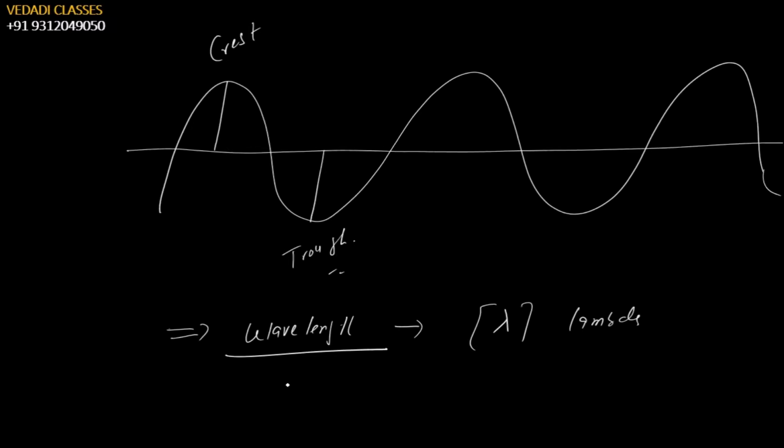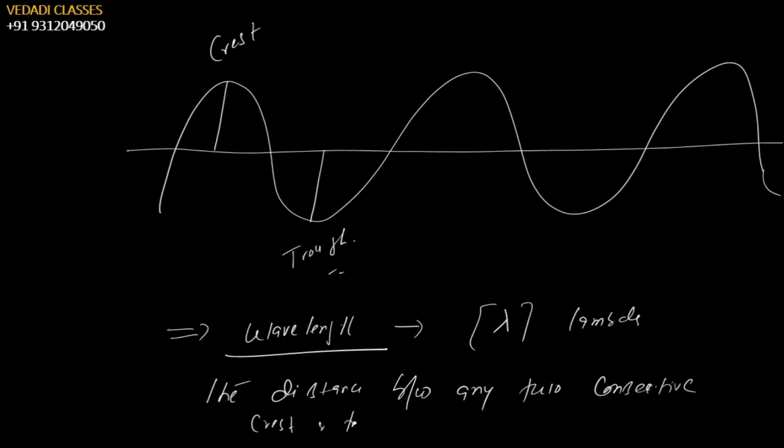Basically the wavelength is the distance between any two consecutive crests or troughs. So this is known as wavelength.